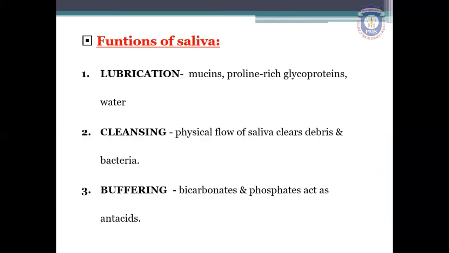The main functions of saliva are because of the presence of mucin, proline-rich glycoprotein, and water. It helps in lubrication. Then the physical flow of the saliva itself clears the debris and the bacteria. The presence of bicarbonates and phosphates acts as antacids, that is buffering action.